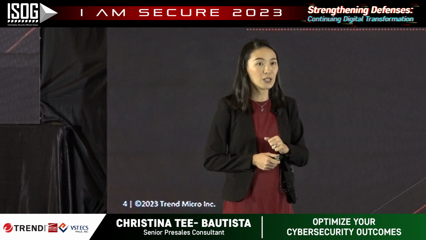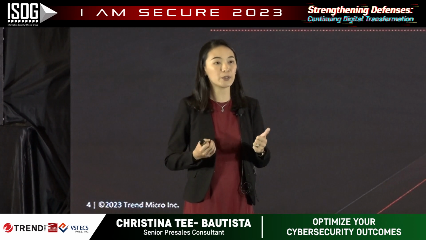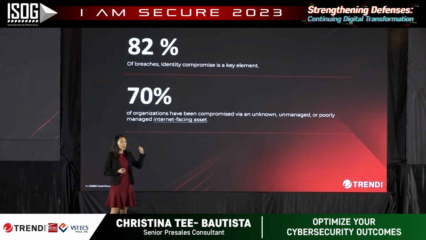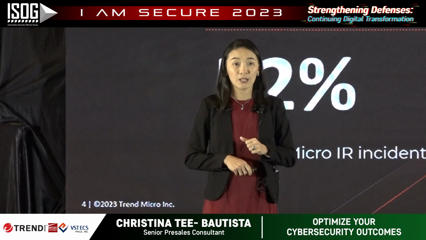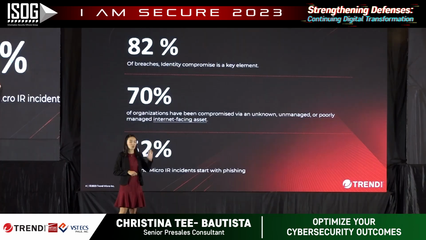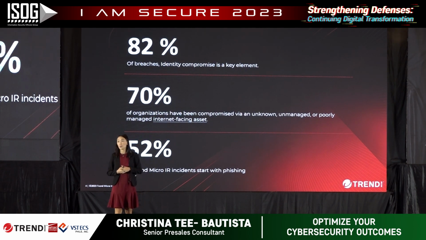And as I have mentioned, if you don't have visibility of your whole attack surface, it is very difficult to protect it because based on this number, around 70% of organizations that have been compromised is actually because of unknown or unmanaged or poorly managed internet-facing assets. And lastly, based on our statistics, 52% of those organizations who went to Trend Micro for incident response assistance actually started with a phishing attack.